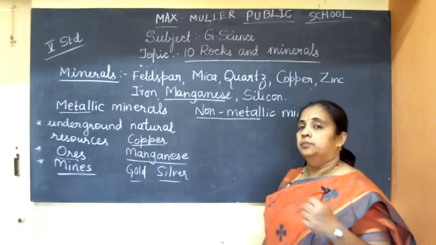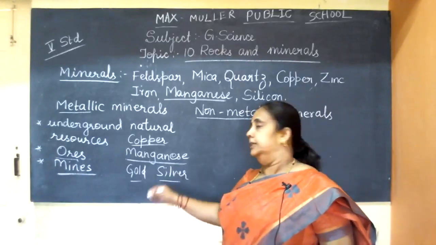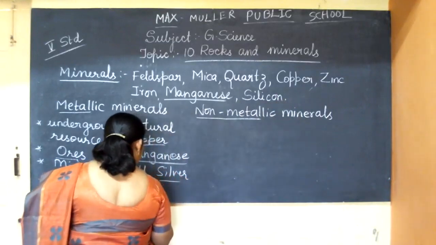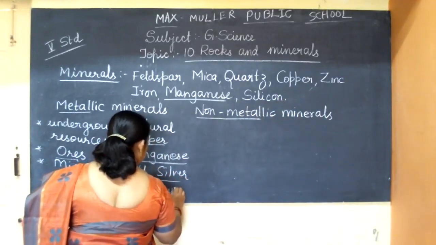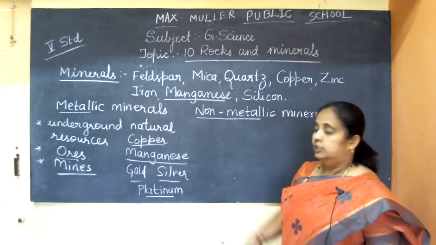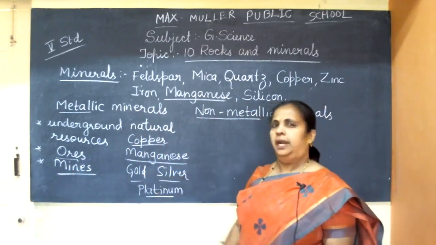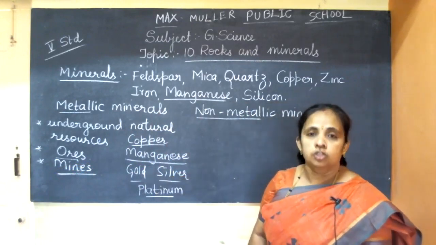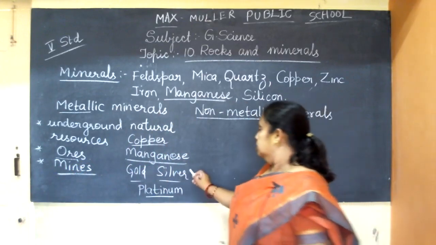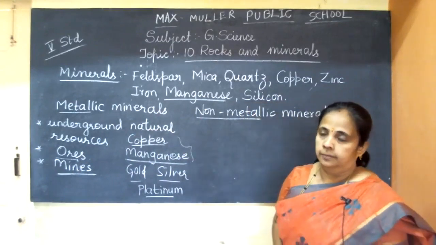These are also metallic minerals. When heated at a high temperature, you can separate the metals from the ores. Gold, silver and platinum are also metallic minerals. Especially gold, silver and platinum are used in making jewelry, so they are called precious metals. So these are metallic minerals.